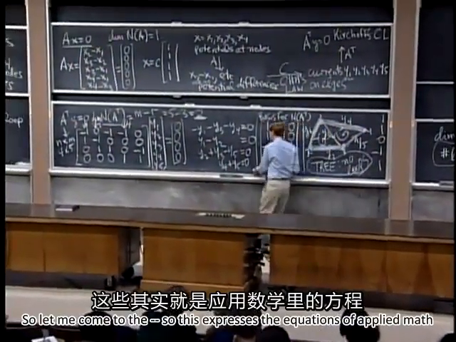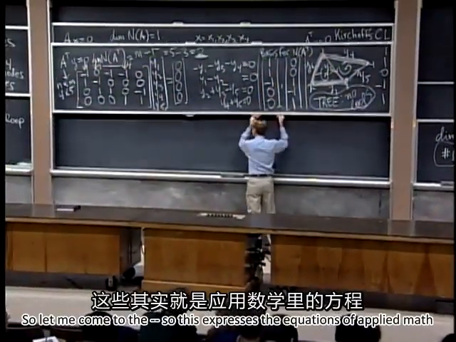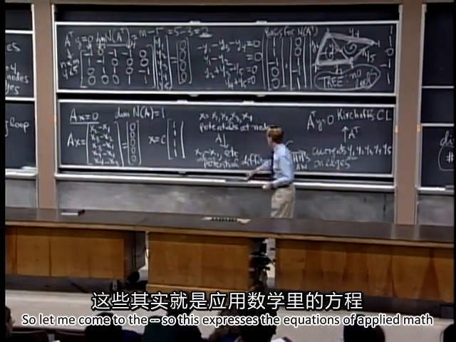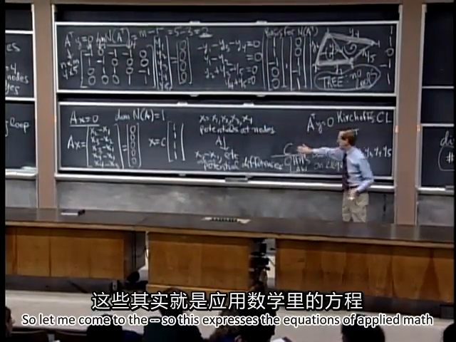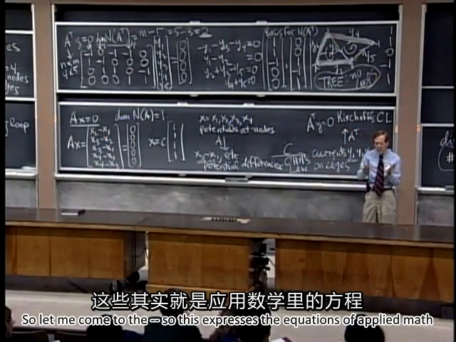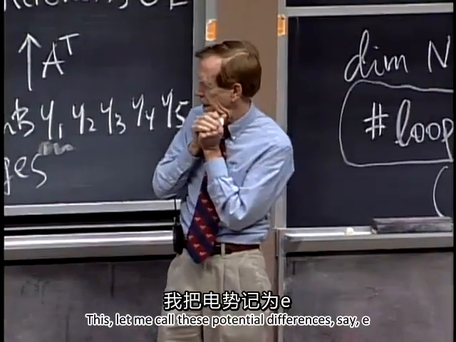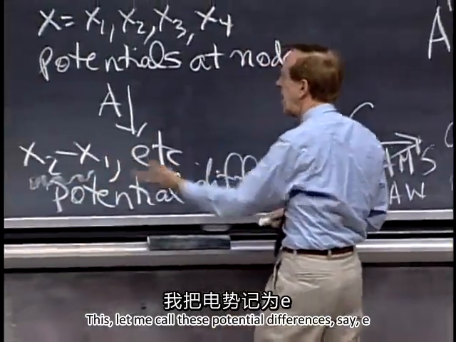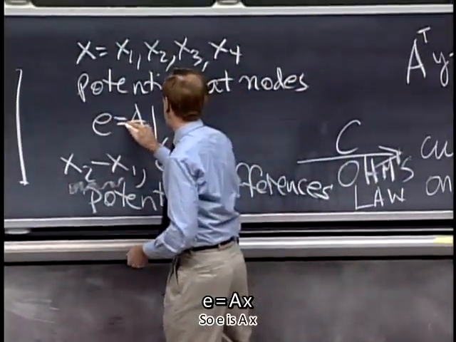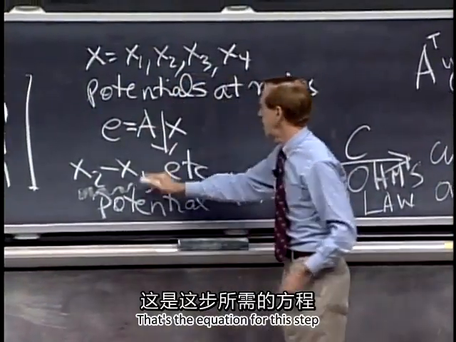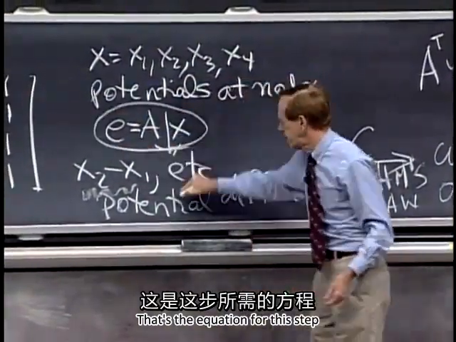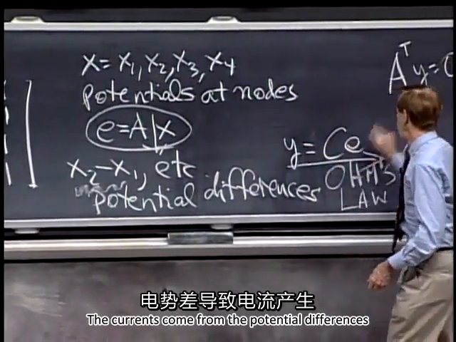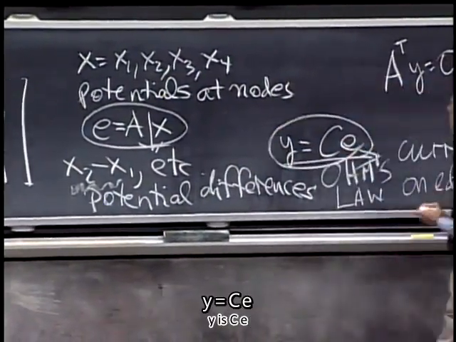So this expresses the equations of applied math. Let me call these potential differences, say, e. So e is Ax. That's the equation for this step. The currents come from the potential differences. y is Ce.